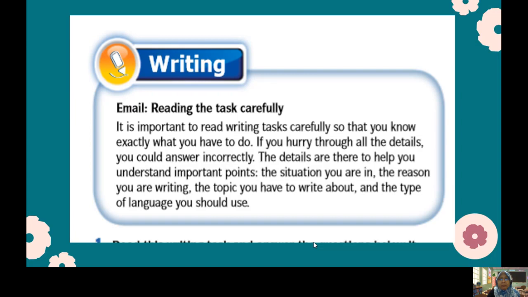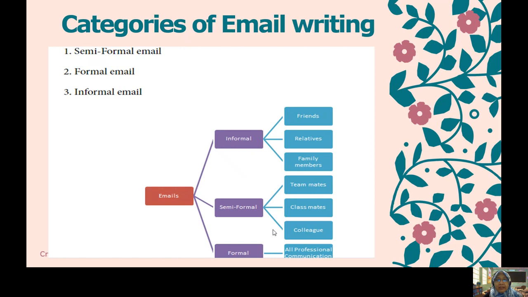Alright, but before that, I would like to introduce to you some categories of email writing. Basically there are three. First one, we call it semi-formal email. Next is formal email. And lastly is informal email.